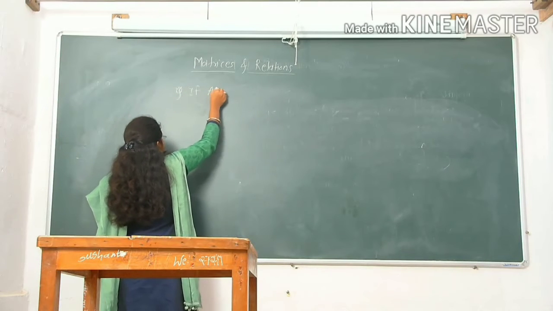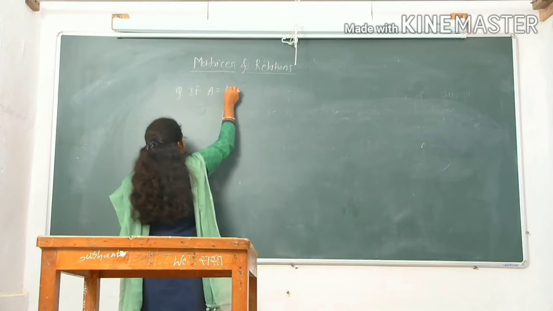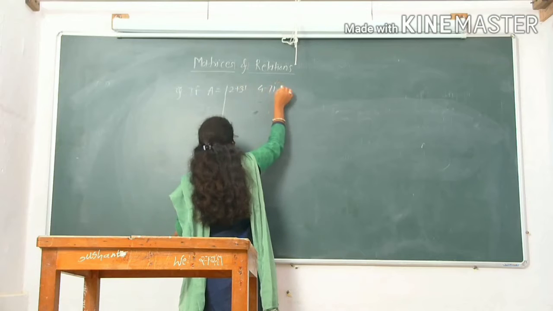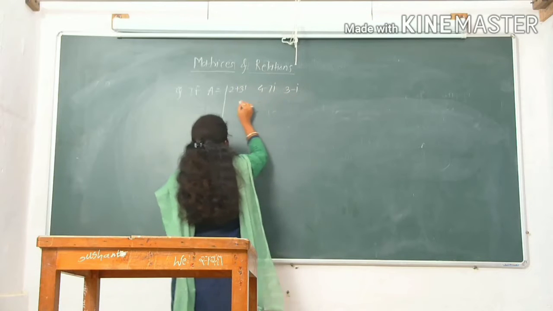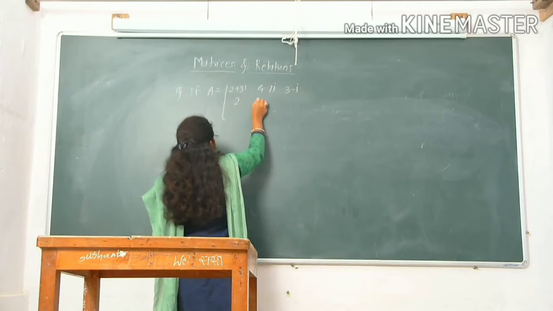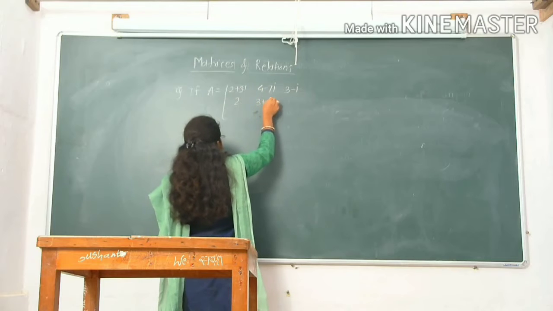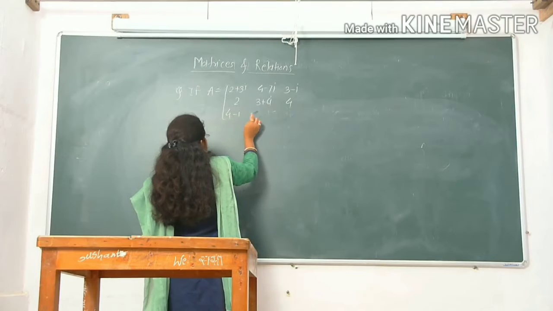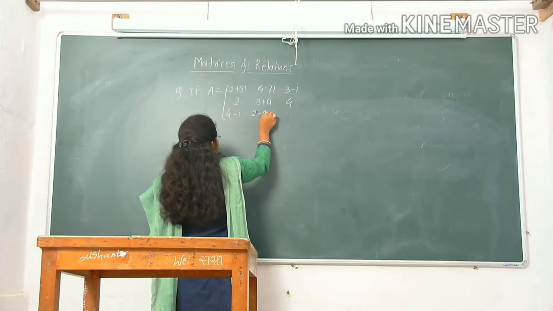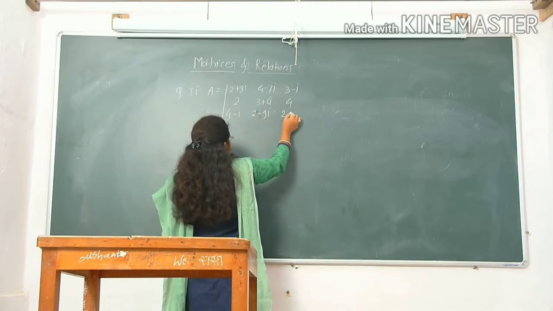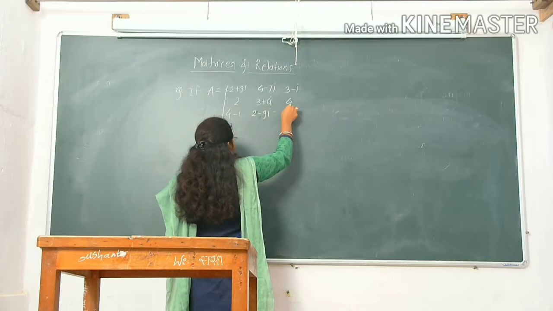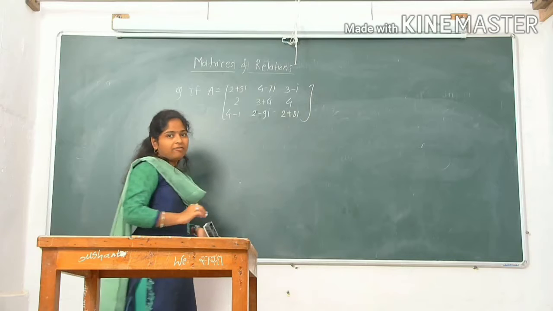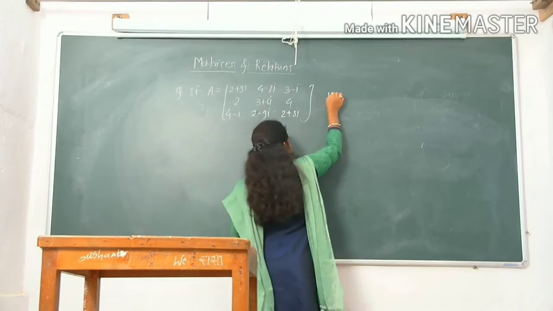If A is equal to 2 plus 3i, 4 minus 7i, 3 minus i, 2, 3 plus 6i, 4, 4 minus i, 2 minus 9i, 2 plus 8i, then find its conjugate.